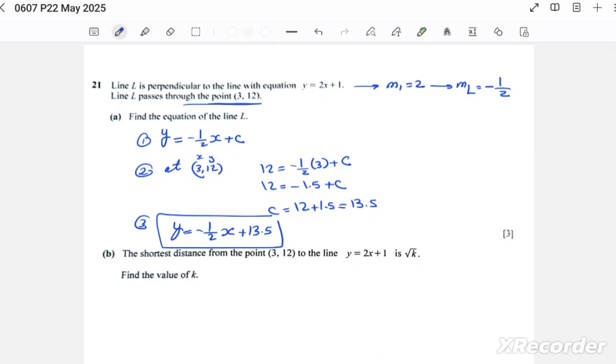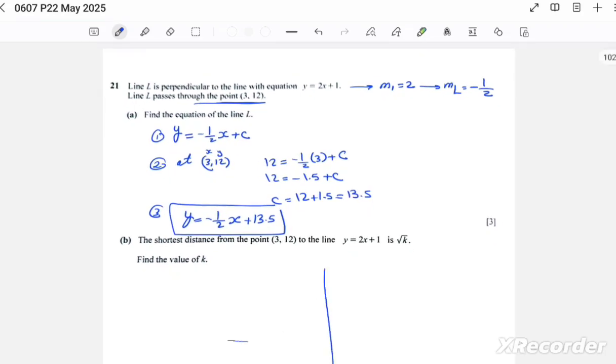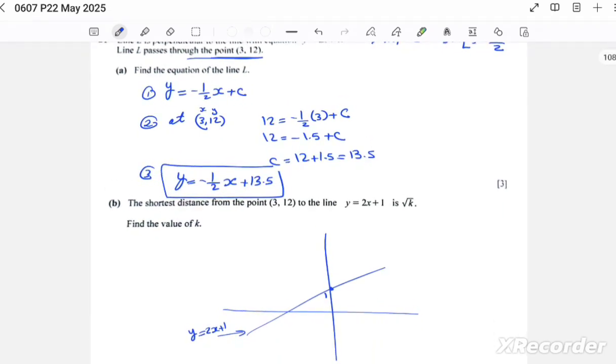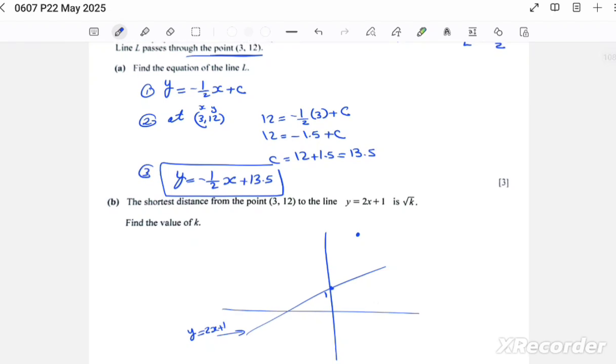We have a line like this, y equals 2x plus 1, intersecting here at 1 and increasing, and we have a point (3, 12), which may be something like here. We need the shortest distance from this point to this line. And as you know, the shortest distance means perpendicular, a right angle.